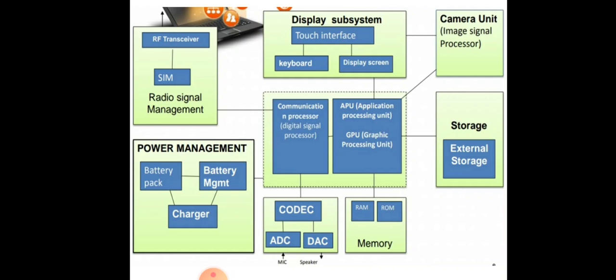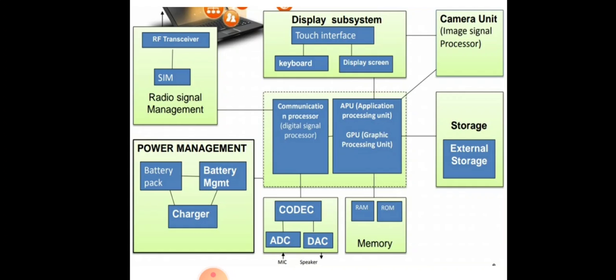memory. It mainly consists of 3 units: application processing unit, graphic processing unit, and communication processing unit. APU, the application processing unit of a mobile processor, works the same way as the control unit of a computer.